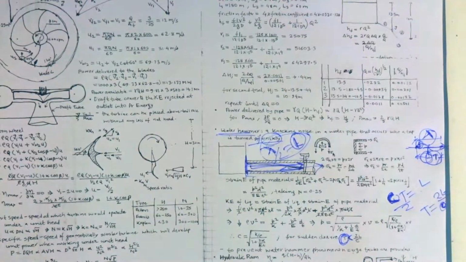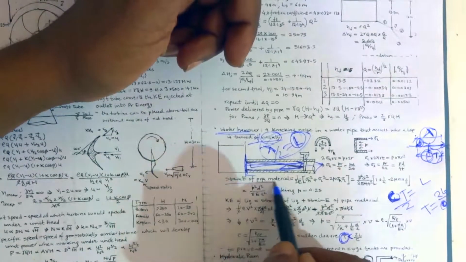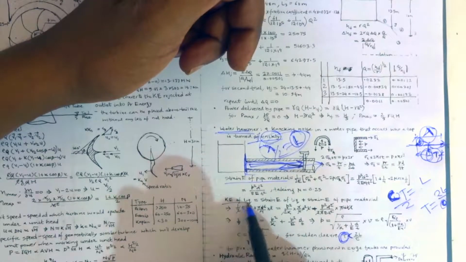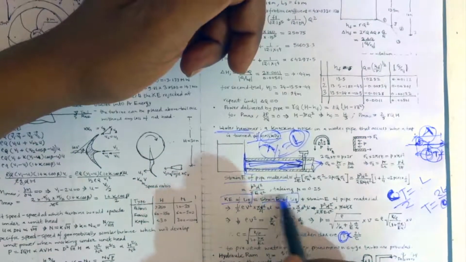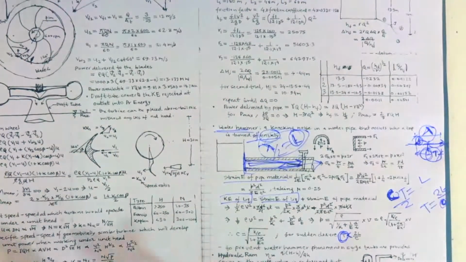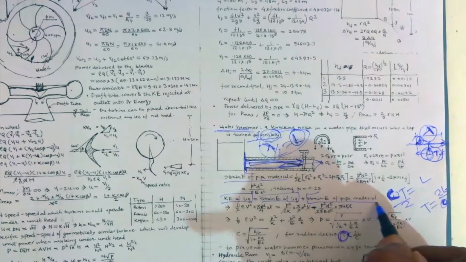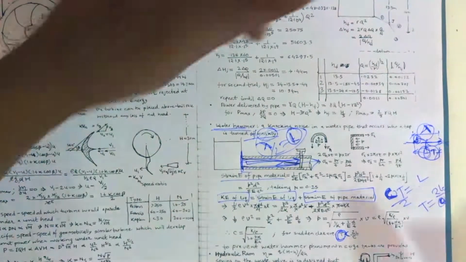Energy: half mv square. The kinetic energy of the liquid gets transformed into strain energy of the liquid plus strain energy of the pipe material, if we also consider the pipe to be elastic.